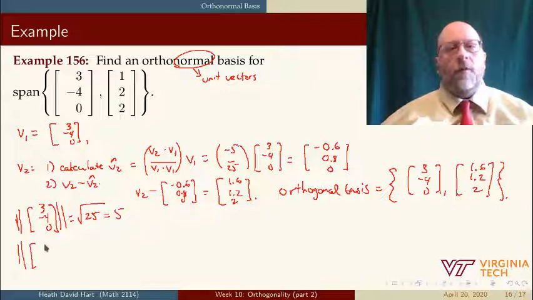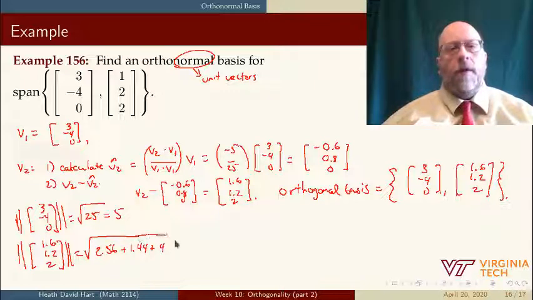This other one's going to be a little bit of work here. 1.6, 1.2, and 2 is going to be the square root of 1.6 squared plus 1.2 squared plus 2 squared, which turns out to be exactly the square root of 8, or 2 root 2.